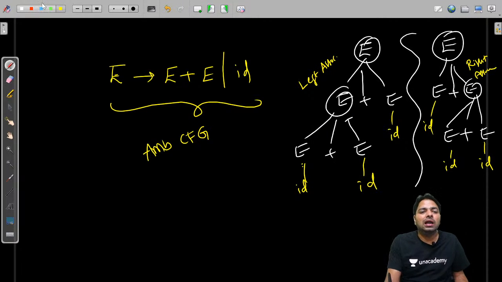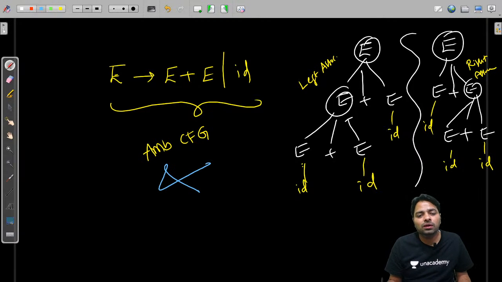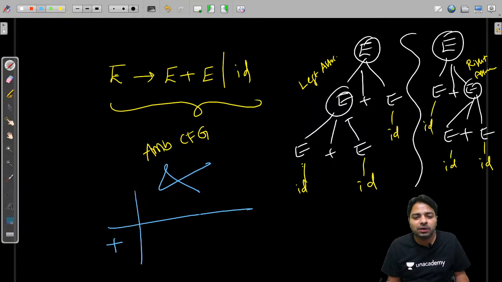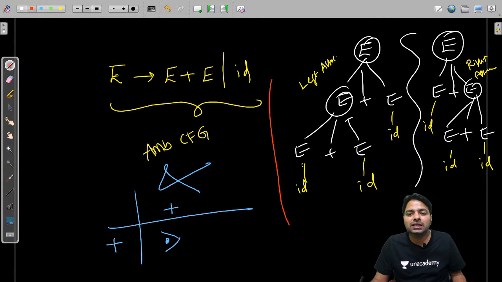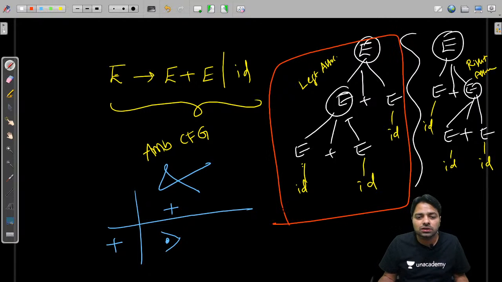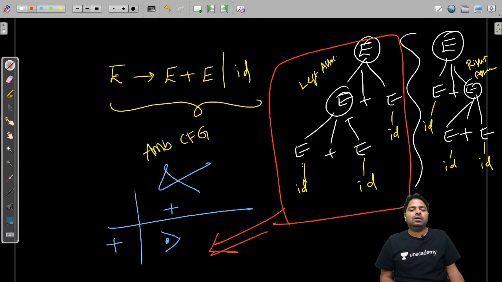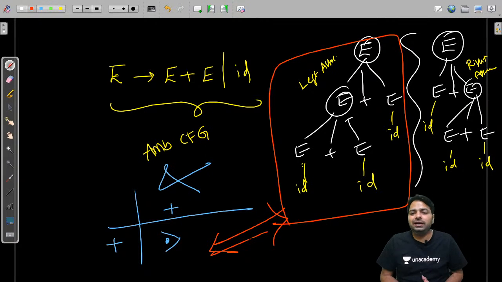So what we do, along with this, is add a rule: we provide a table. If I say plus plus is greater, as in the C language, then only this tree is considered. It will not be confused about which one to take, because the first plus has more precedence than the right plus.